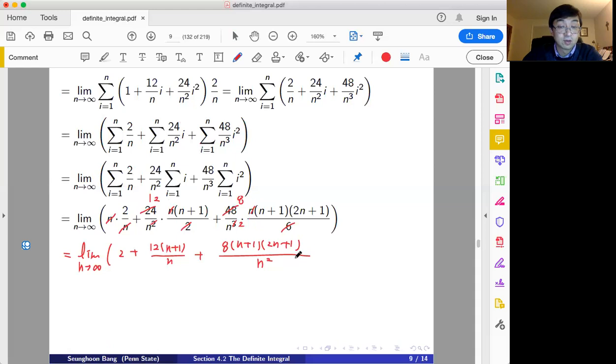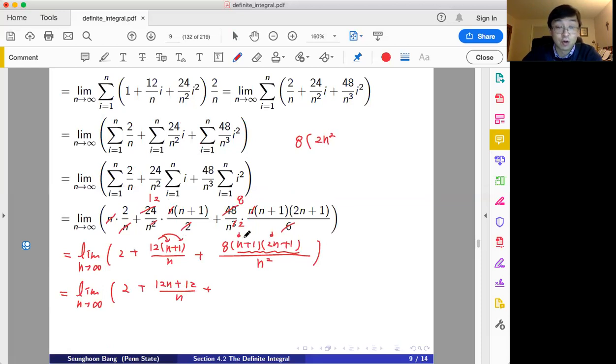The next, you have to expand. Limit as n approaches infinity, we have 2 plus, distribute 12: 12n plus 12 over n, plus you have to expand. This is 8 times, n times 2n is 2n squared.